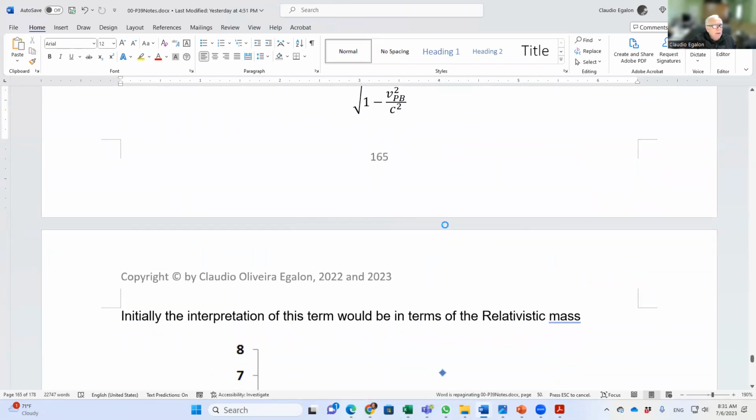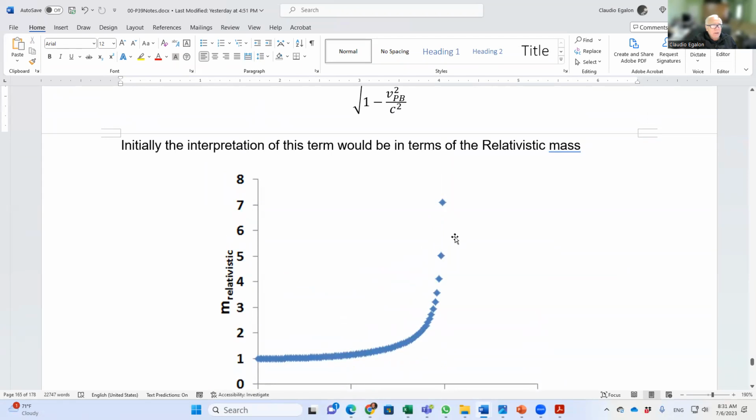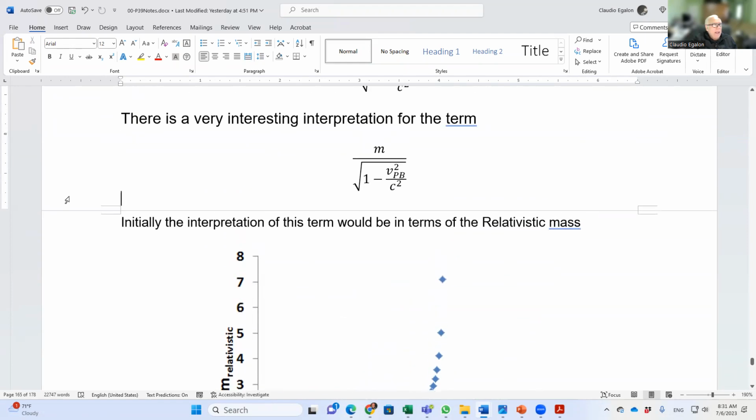Nowadays, people are taking this interpretation with a grain of salt. Remember that I told you, right? Not everybody understands relativity deeply, even professional scientists. And the interpretation of the relativistic mass is one of the things that is still not very clear in relativity. And that was the initial interpretation of this term.